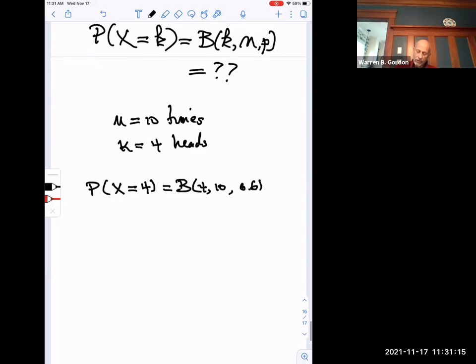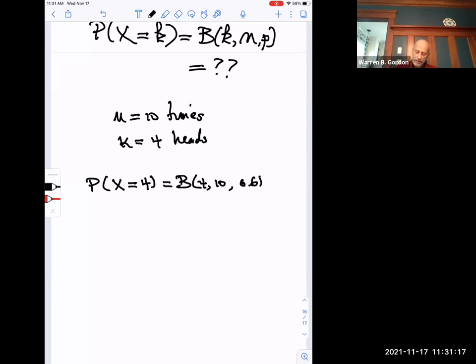Well, if I toss a coin 10 times and I get 4 heads, it means I get 4 heads and 6 tails, right? So one possible occurrence could be, for example, head, head, head, head, and then I would get 6 tails.